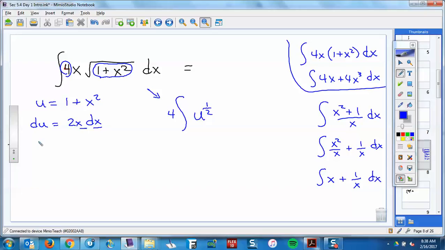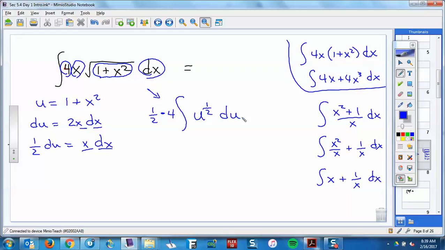I don't want this 2, it's in the way, so I'm going to move it over. Whenever there's a constant in the way, I just move it over. So now you've got x dx right there. Well, x dx is equal to what? 1/2 and a du. So I put the 1/2 and I put the du in there.